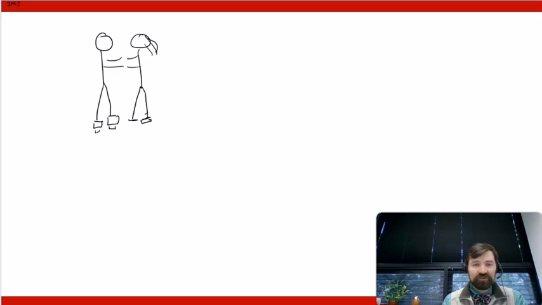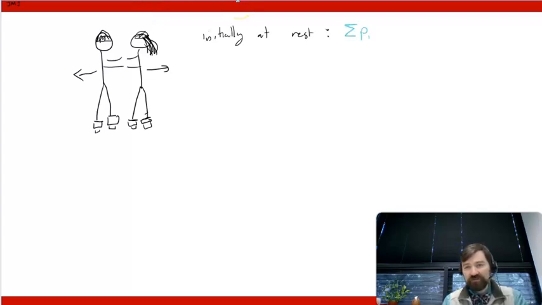The result is that one of them ends up going this way and the other ends up going that way. If they're initially at rest, then the entire system has some initial momentum of 0. Initially at rest means that the sum of initial momentum, p initial, is 0.